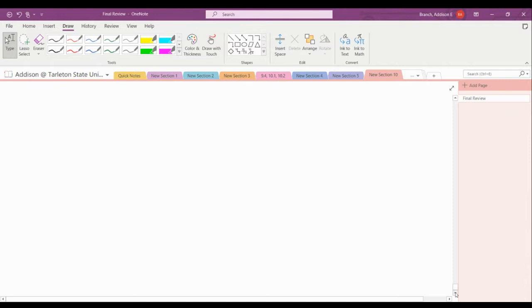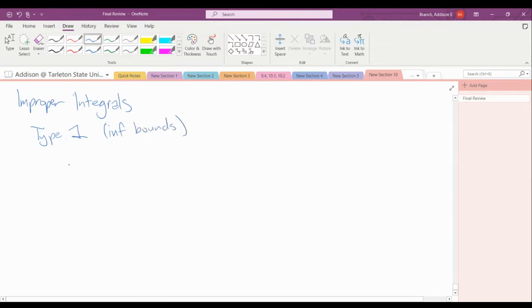Let's see, improper integrals. These are fairly straightforward. You can have type 1 or type 2. Type 1 is what I usually refer to as infinite bounds.